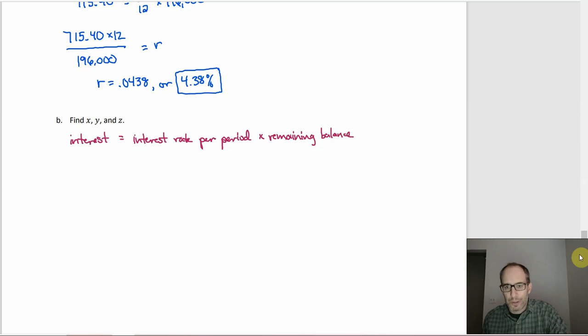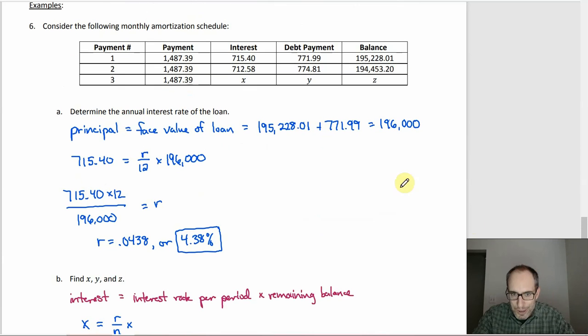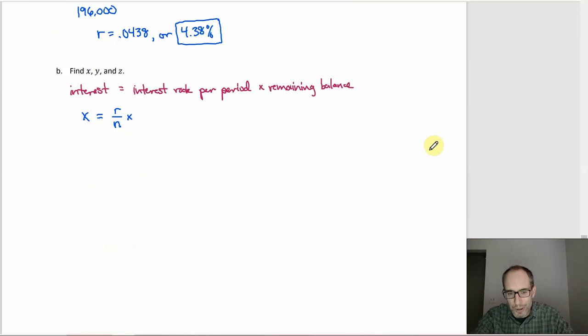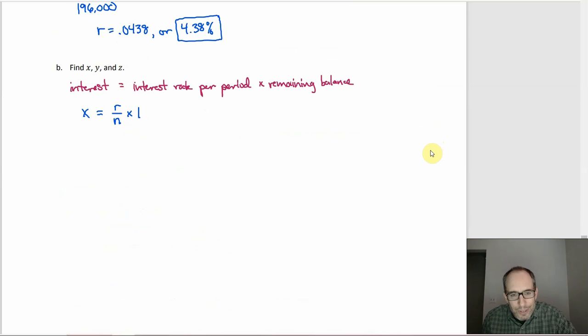Okay. So then X is going to be R over N times whatever the remaining balance is. And if I scroll back up so we can see it, when we're into that third payment period, the remaining balance at the end of the second one, or the beginning of the third one, would be $194,453.20. So that's our remaining balance.